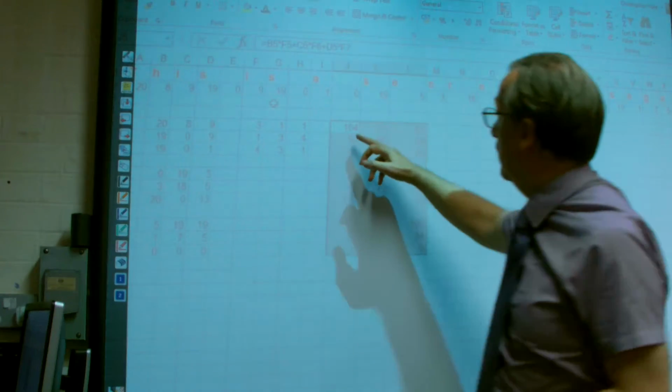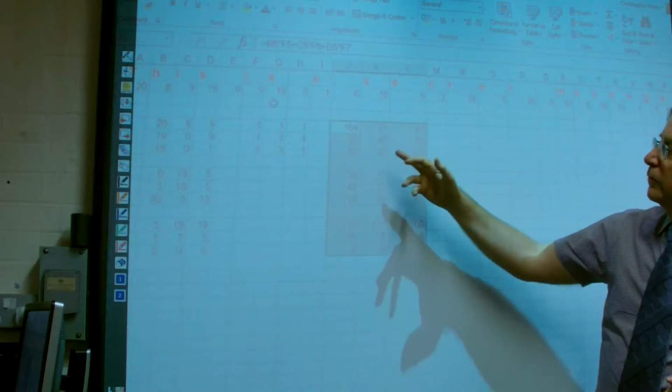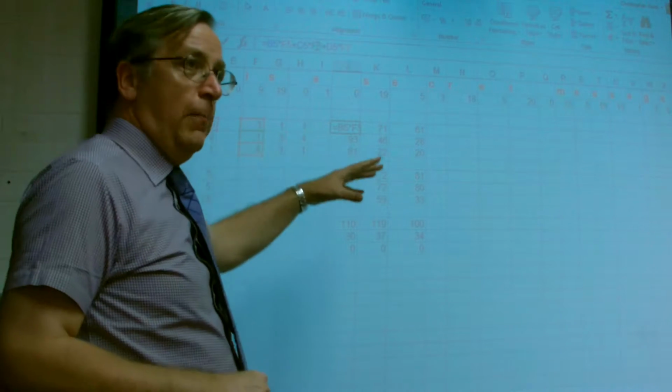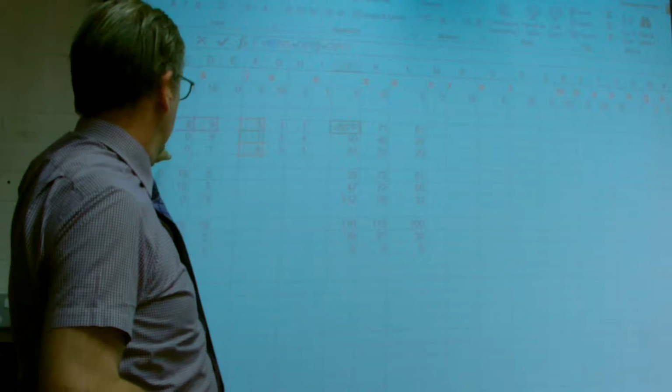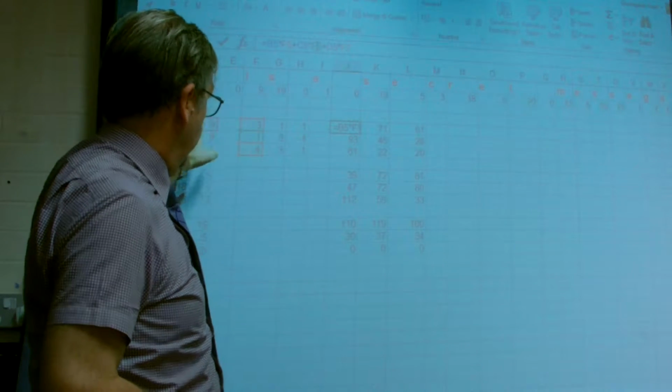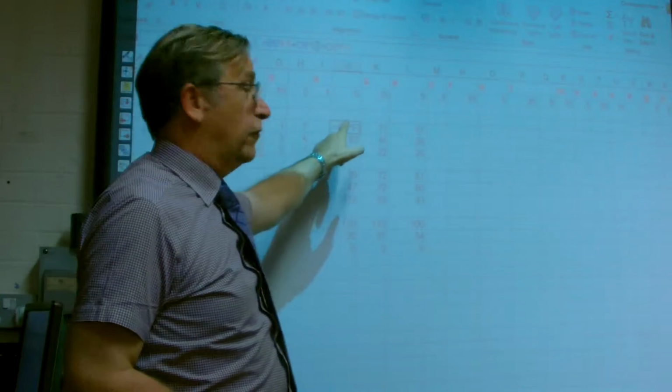You can see here, you can't see very well, but in proper matrix multiplication style, we've multiplied that number by that number, that number by that number, and that number by that number to get a result. And so on for each cell in the matrix.